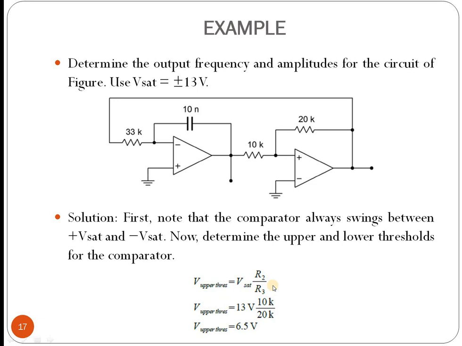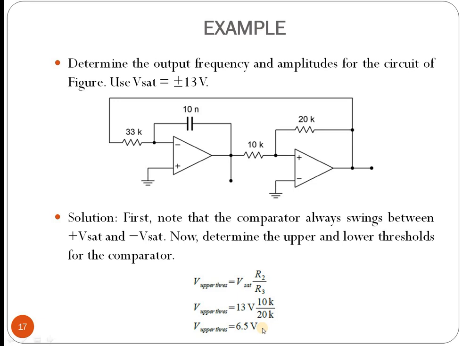R2 here is this 10 kilo ohm resistor, and R3 is the 20 kilo ohm resistor of the comparator circuit. With V saturation of 13 volts, you get 6.5 volts as the upper threshold voltage. From this we know the lower threshold will be minus 6.5.